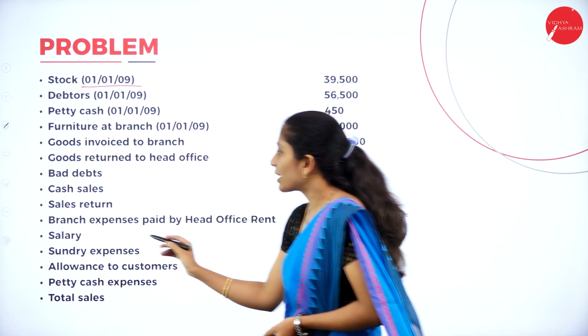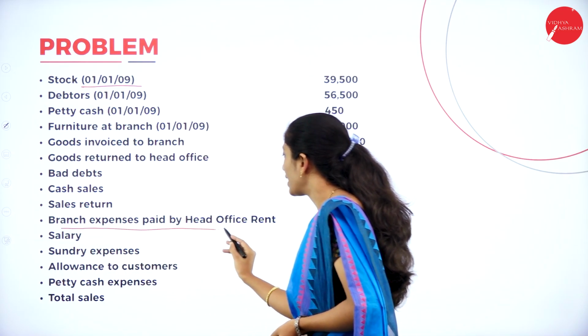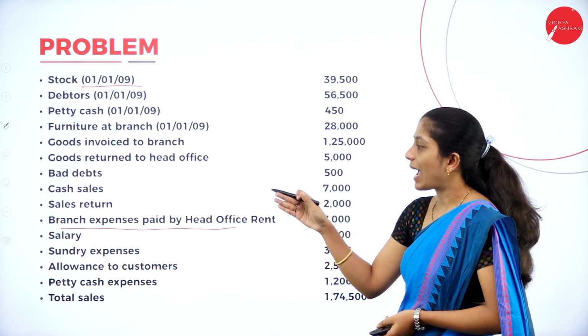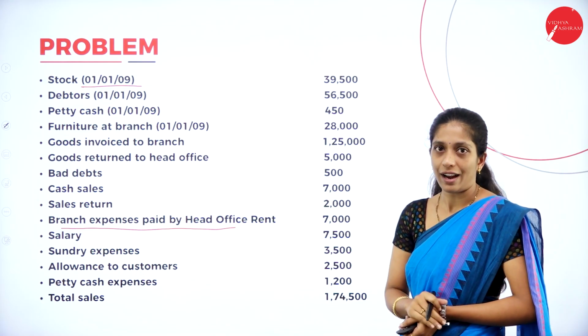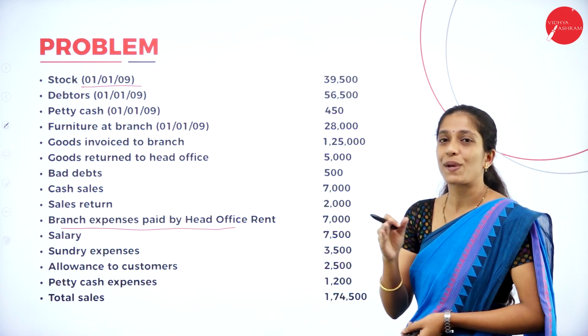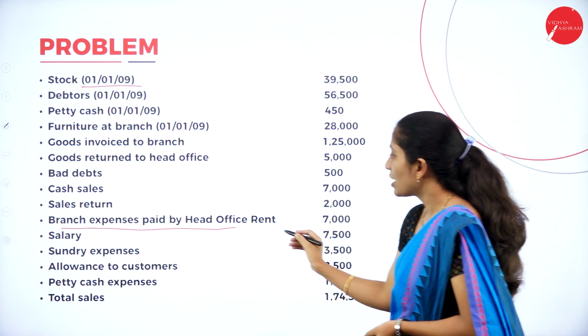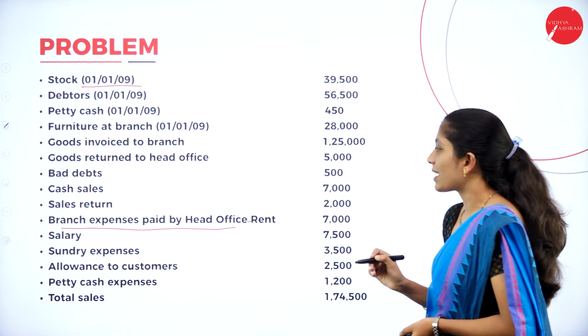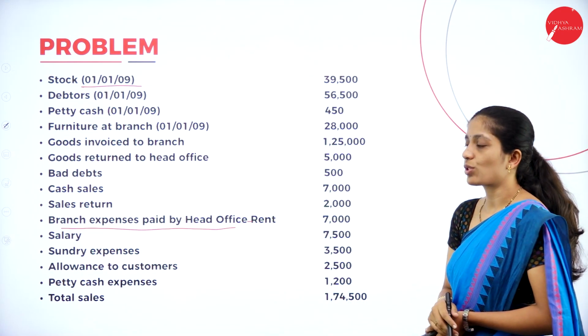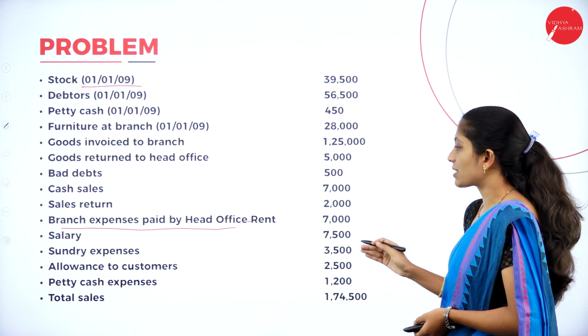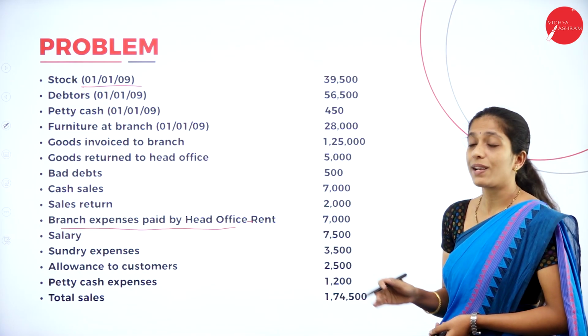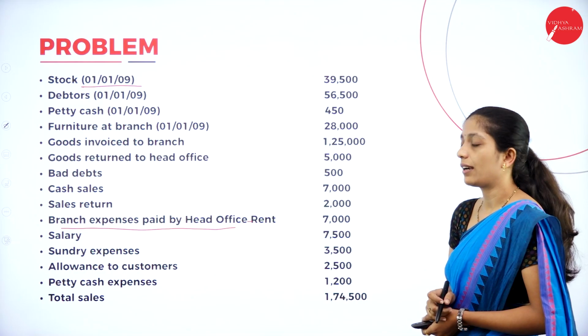Branch expenses paid by the head office: rent 7,000, salary 7,500, sundry expenses 3,500, allowance to customers 2,500.